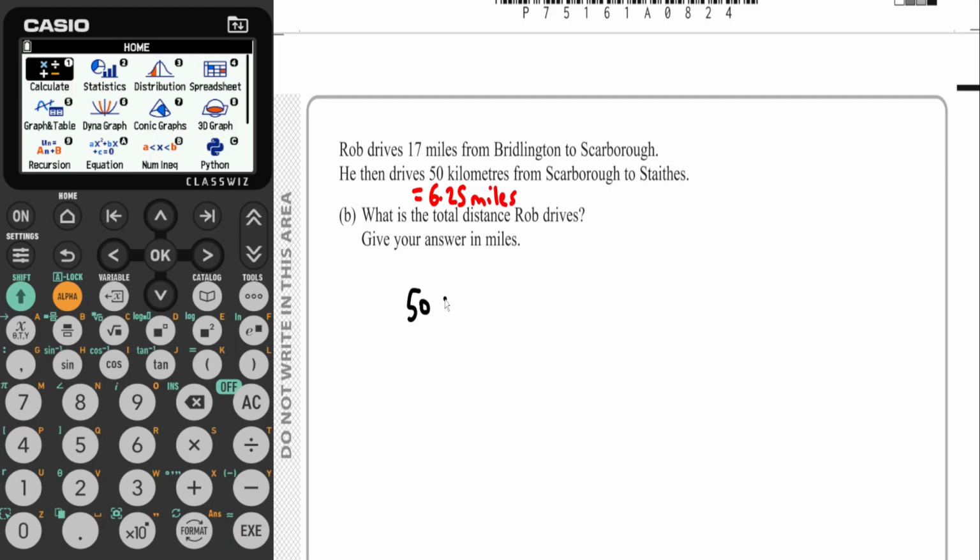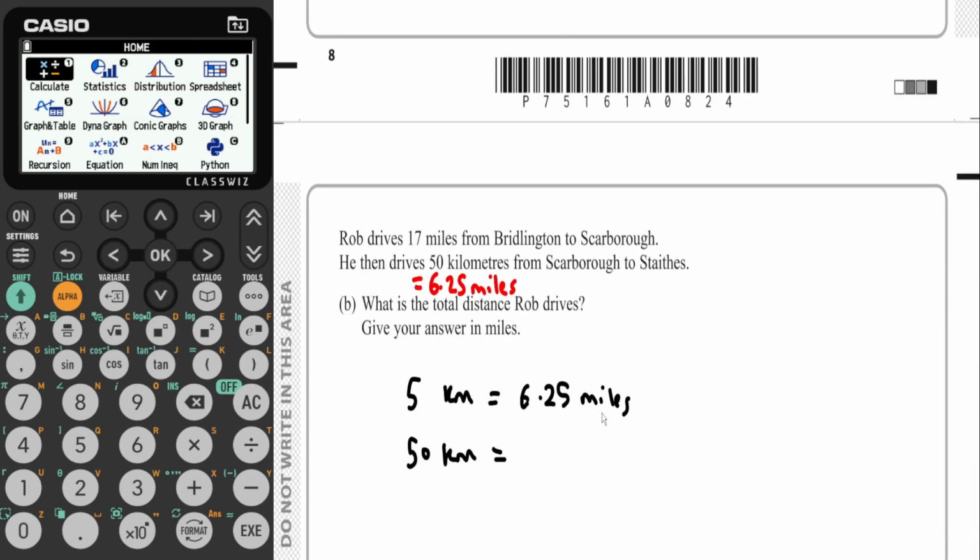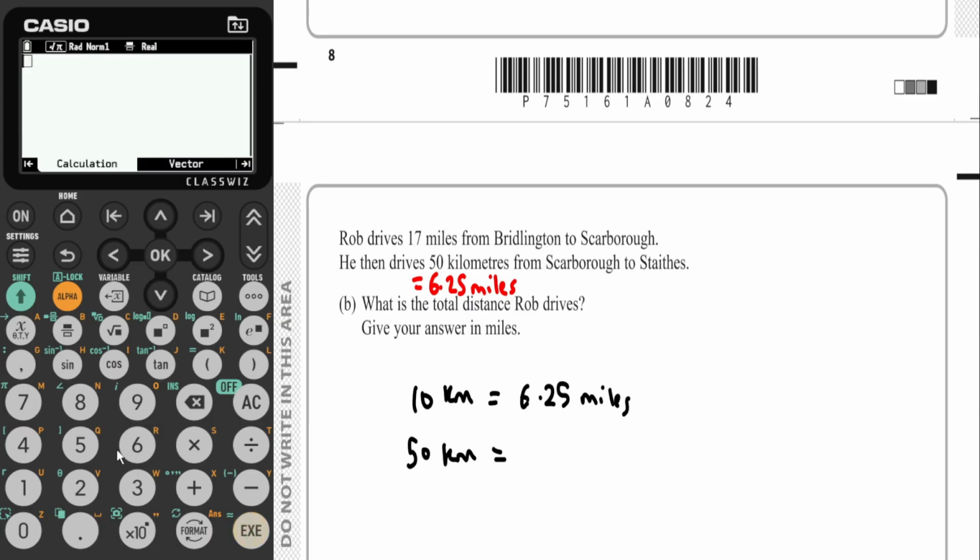So if 10 kilometers equals 6.25 miles, 50 kilometers, what we can do is multiply 6.25 by 5, which gets us 31.25 miles.